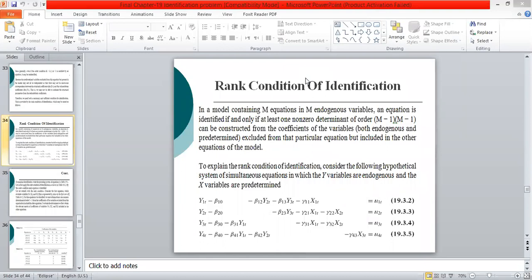It means we have to construct at least one non-zero determinant of order 2 by 2 from the coefficients of the variables excluded from that equation but present somewhere else in the model.